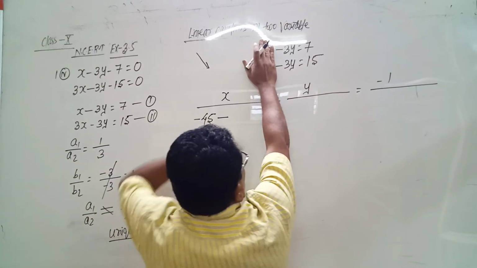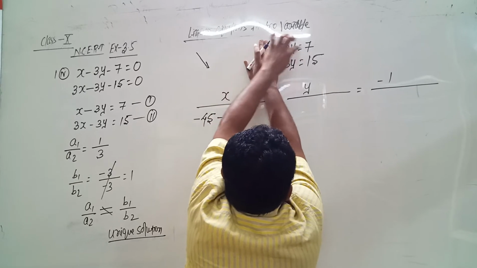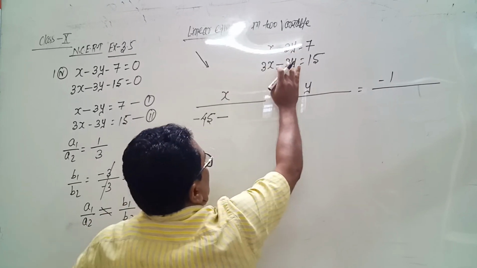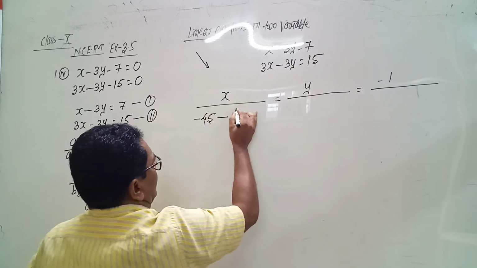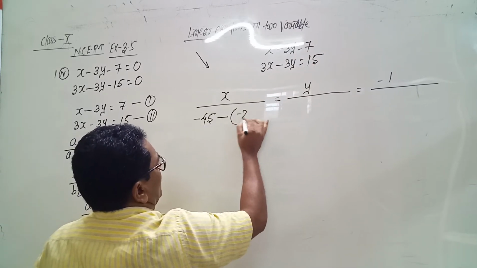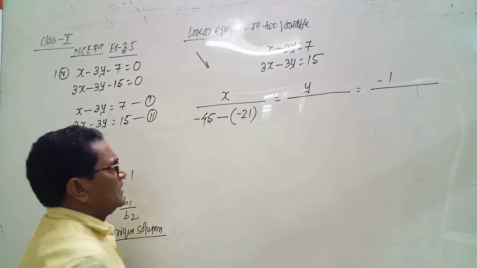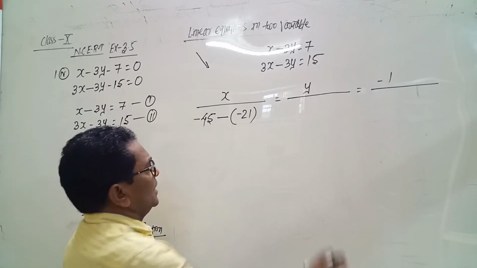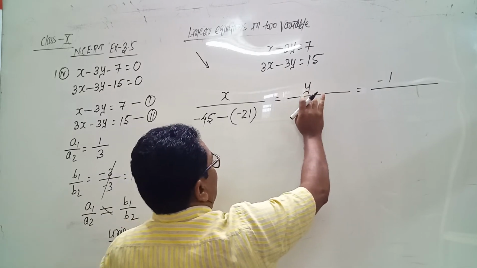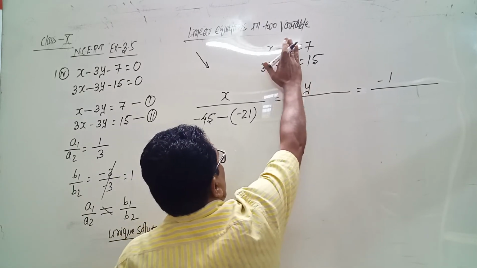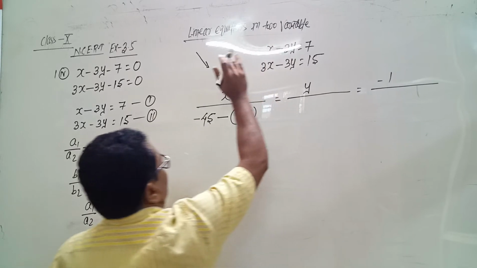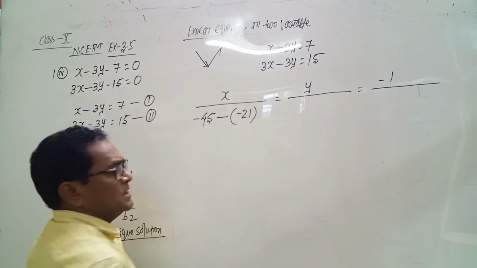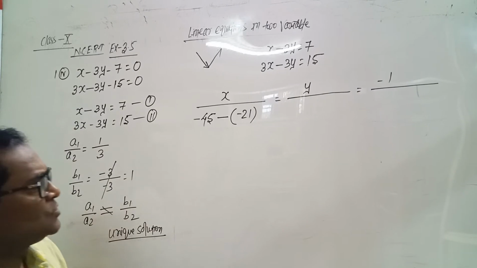Then multiply minus 3 by 7. This into this minus this into this. So minus 3 into 7, this is minus of 21. If there is minus, then we have to write in bracket. Then y, when we take y, then close y. And the direction of first multiplication gets reversed from bottom to top.